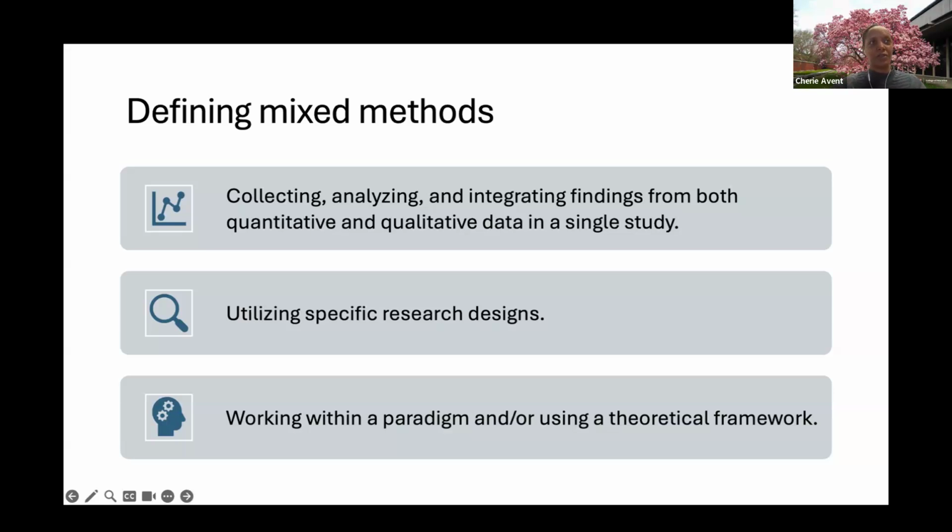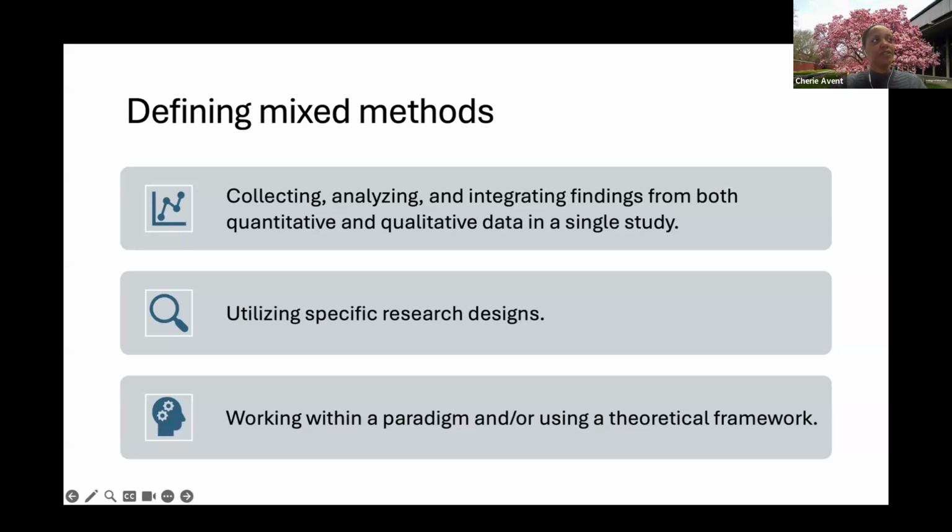I will explain a little bit more about that when we talk about integration. Also key in this statement is the integration piece. Often integration is underutilized, but it is central to mixed methods in helping us understand new insights or building meta inferences that come about when we combine both our qualitative and quantitative components.